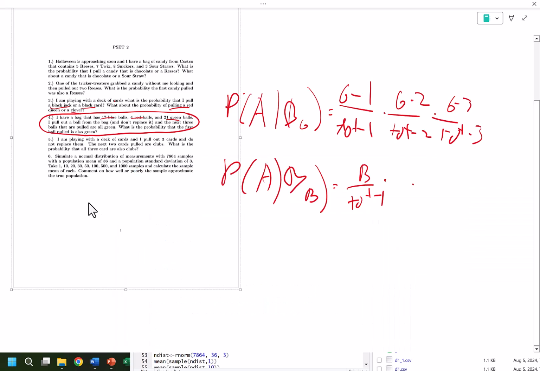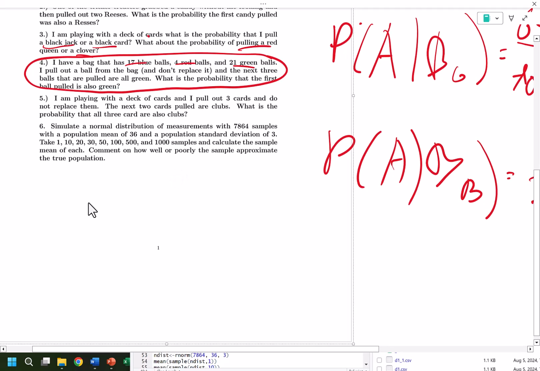All right, so we have one more here. Playing a deck of cards, I pull out 3 cards and do not replace them. The next 2 cards that are pulled are clubs. What is the probability that all 3 cards are also clubs? One second here.